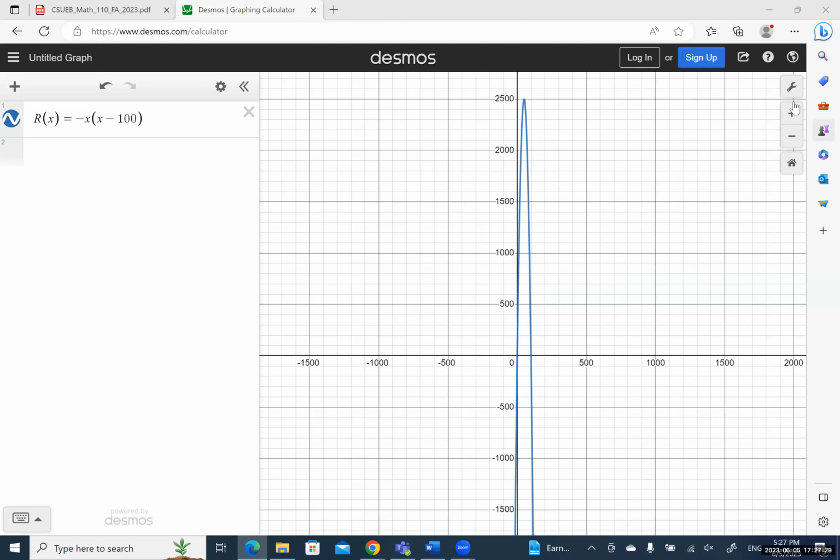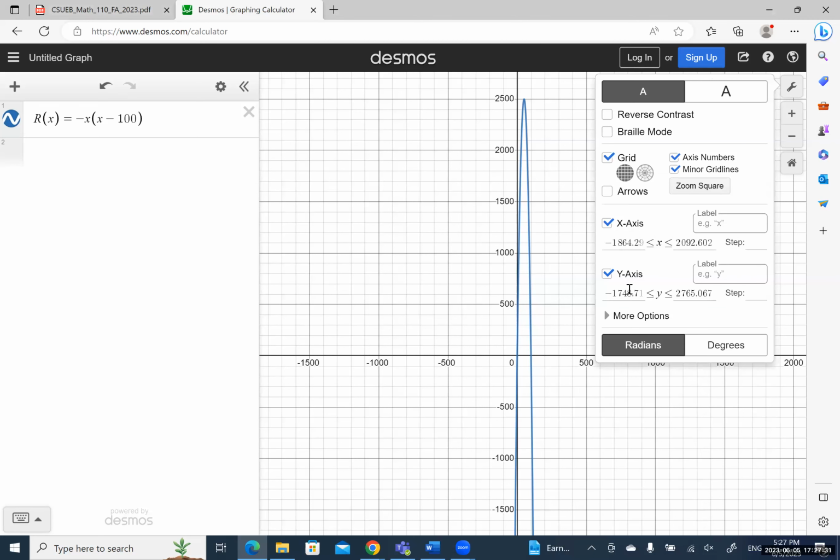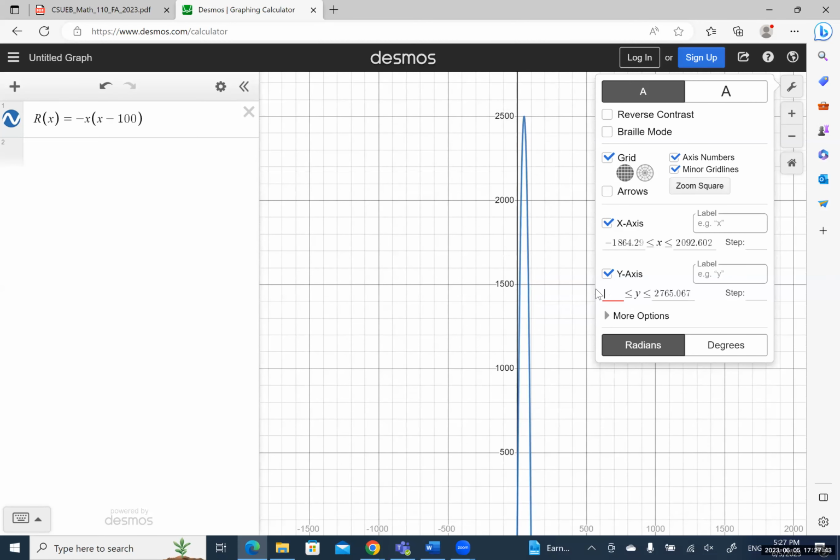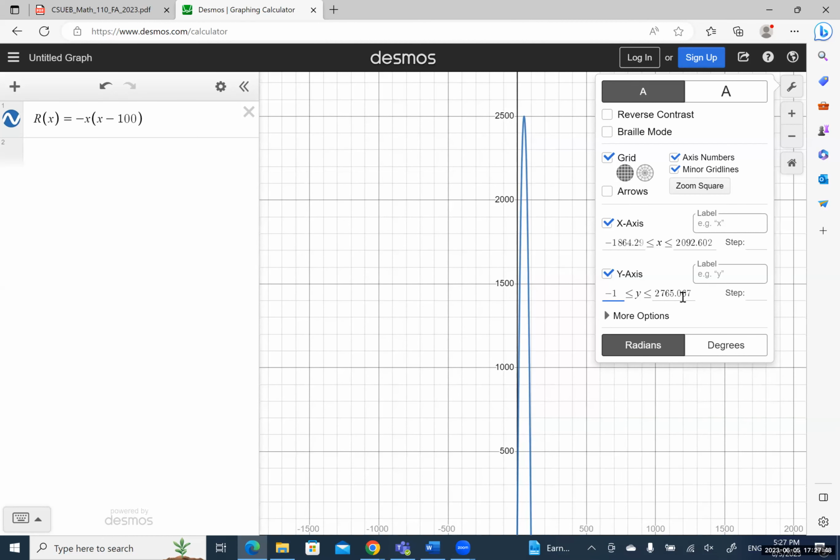So for the vertical axis, you would just start from maybe -1 and go up to about 2500 at maximum. I'm going to pad it up to 2765, something like that.